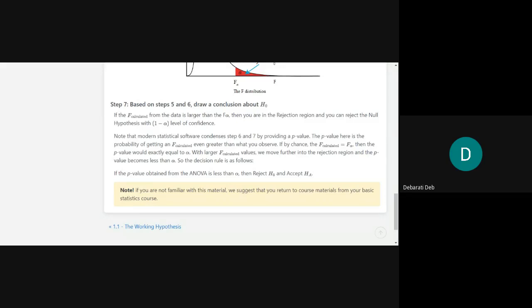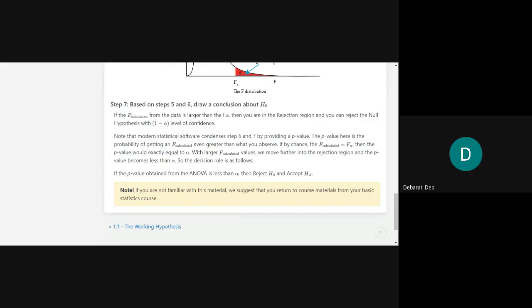Tell me. What did I say? If the p-value is less than 0.05, then you accept or reject?